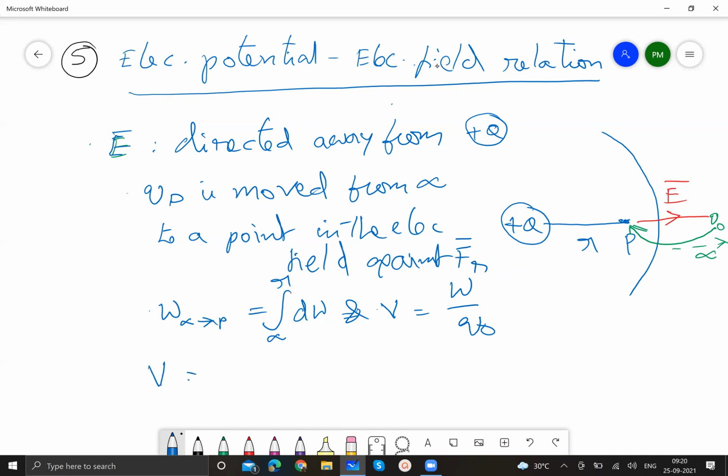So we got W is nothing but minus integral F bar dot dr bar by Q naught. So we can now write it as minus of integral E bar dot dr bar. That's all.